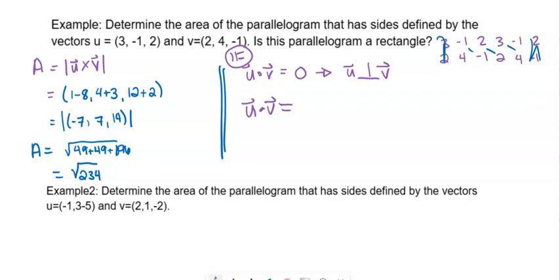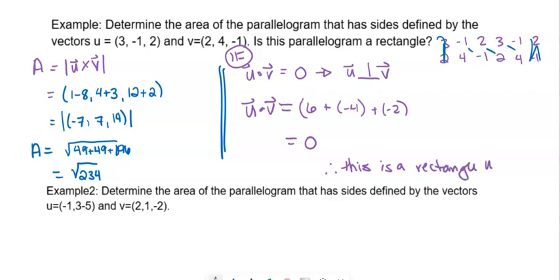Okay, so I have 2 times 3, which is 6, plus 4 times -1, which is -4, plus 2 times -1, which is -2. And this does equal 0. So therefore, this is a rectangle because u dot v equals 0. So this is a 90-degree corner.